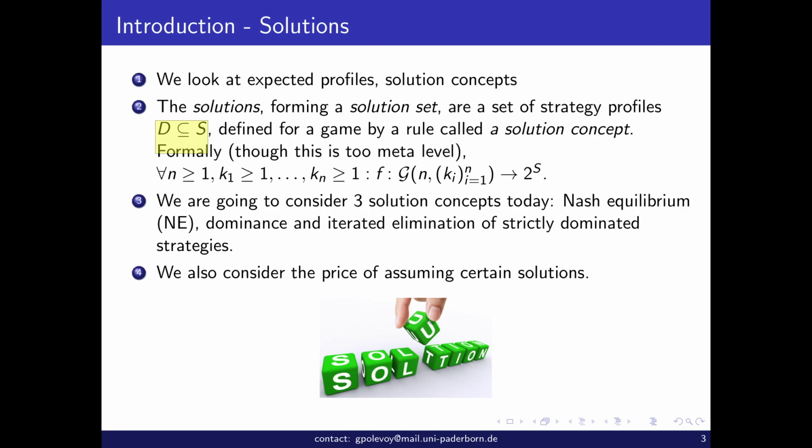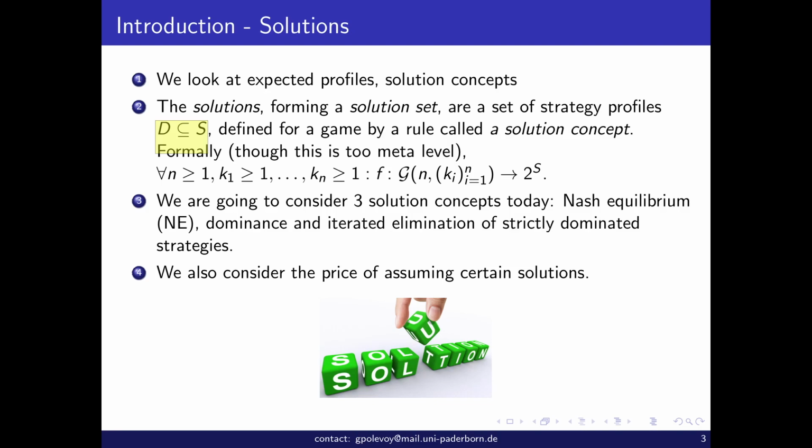So we're going to look at those concepts, and we're also going to see what is the price, in a certain sense, of assuming a certain solution concept. So we assume that players have to play something. It means that we limit ourselves to some strategy profiles. We say this is going to be playable, this is stable, and all the other profiles, we deem them unreasonable. Now, it means that we are not going to have them. Maybe we lose some socially useful profiles.